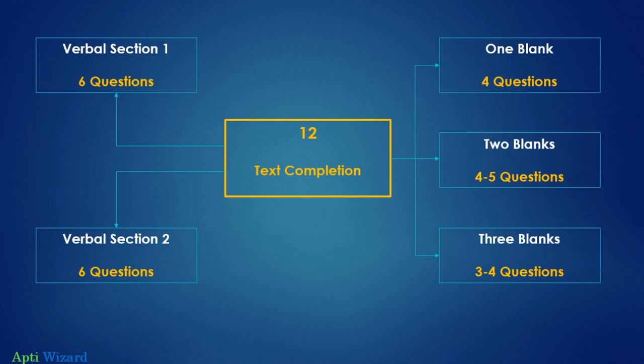You will only get 4 questions from 1 blank type. The number of questions of 2 blanks and 3 blanks type varies a bit from paper to paper. So 4 to 5 questions of 2 blanks is what you should expect, and 3 or 4 questions of 3 blanks type is what you should expect in your paper.